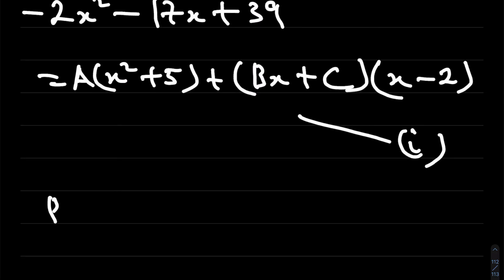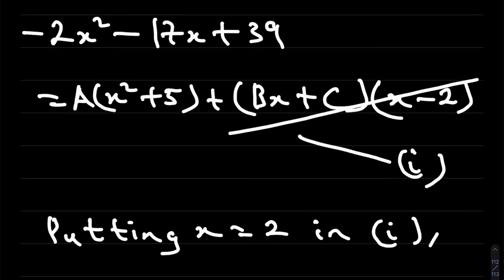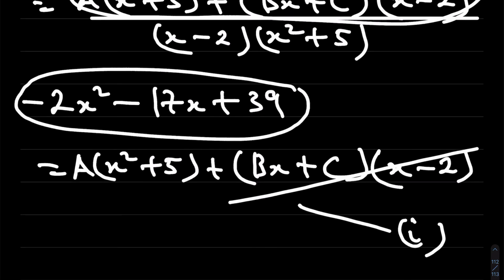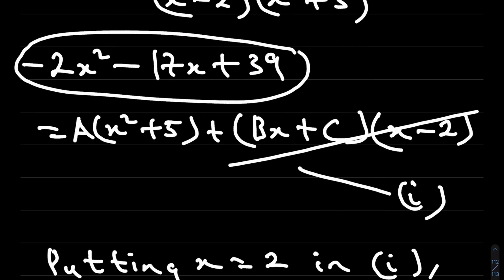Now putting x equals 2 in equation 1, that simply means this will be 0. The left hand side of equation 1, if I put x equals 2, will be minus 2 times 2 squared, which is 4, 4 times minus 2 is minus 8, minus 17 times 2 is minus 34, plus 39.